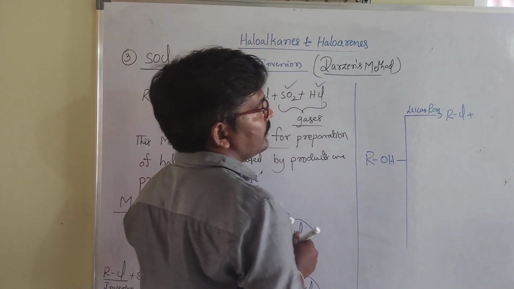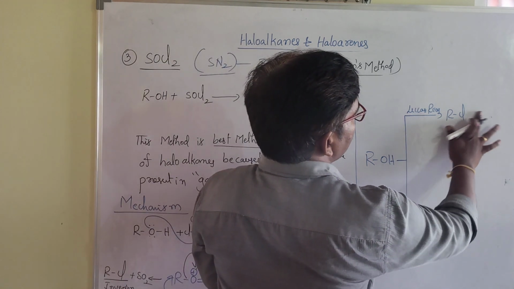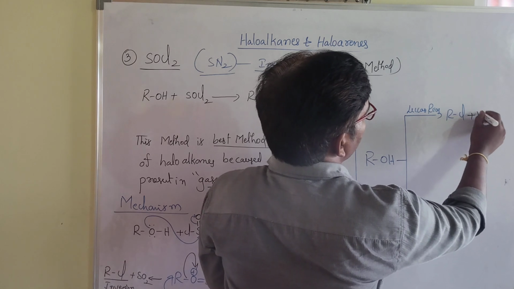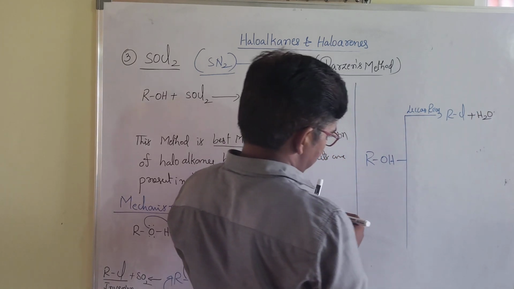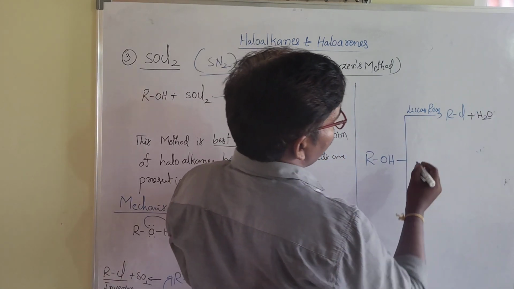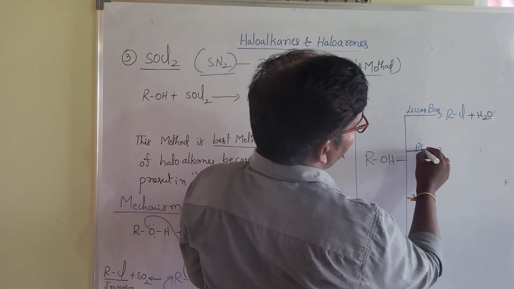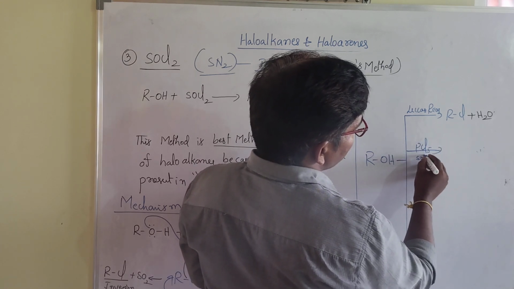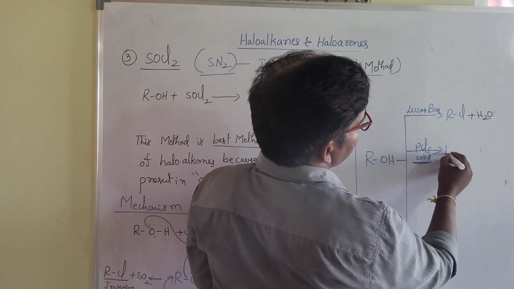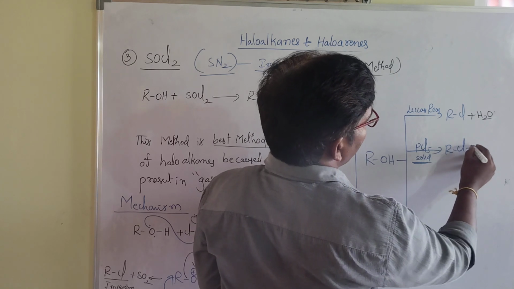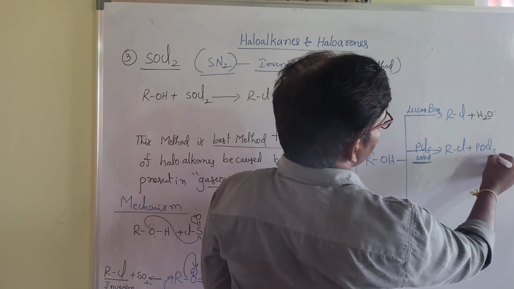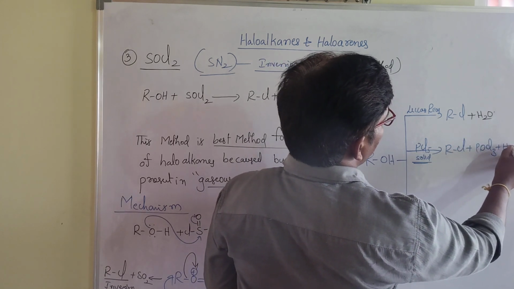Not HCl, sorry. H2O is the byproduct in it. Next, if you take PCl5 in the solid state, R-Cl will be formed. Byproducts are POCl3 plus HCl.